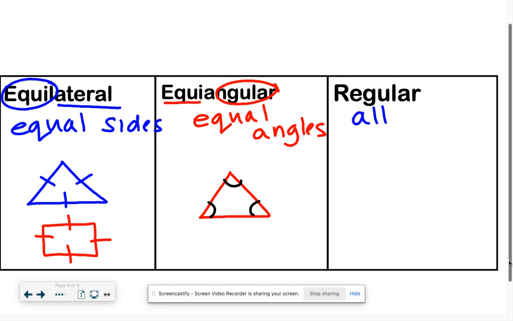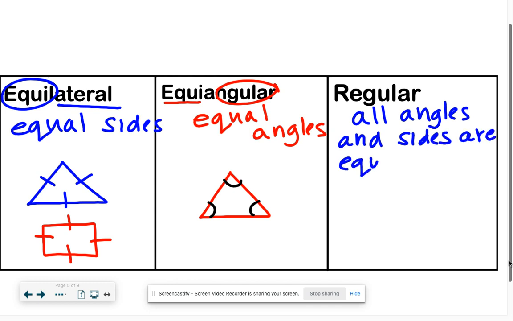So all angles and sides are equal. So that could be a square, right? Because we know that these are all right angles, so all of our angles are the exact same. And then we know that all of our sides on a square are also the same.